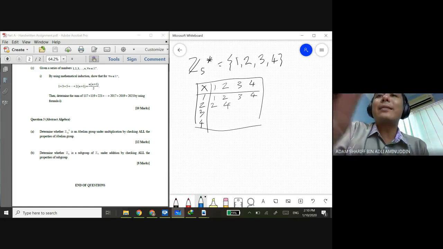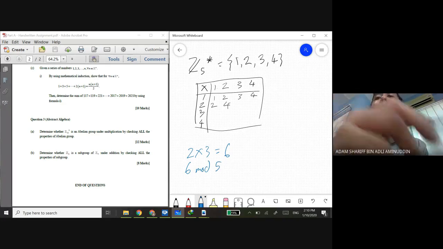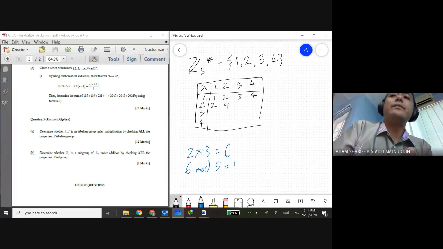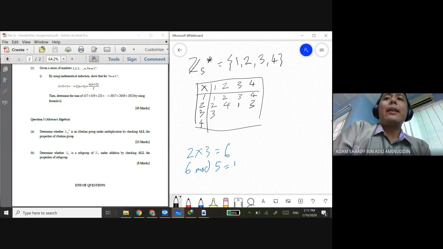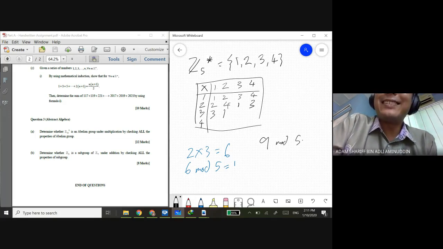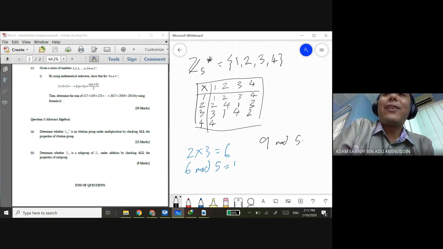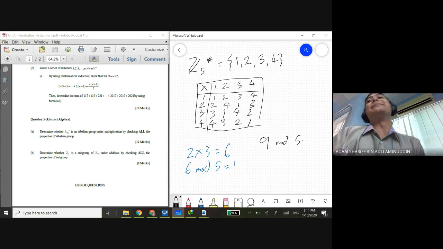If you fail to master the concept of modulo, it won't work. What is the remainder when 6 is divided by 5? It is 1. Then 3 times 3 is 9, 9 mod 5 is 4. 3 times 4 is 12, mod 5 is 2. Then 4, 3, 2, 1.